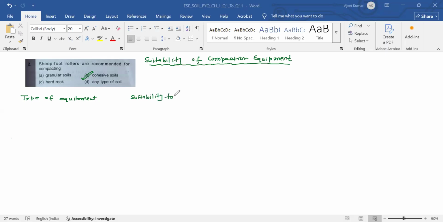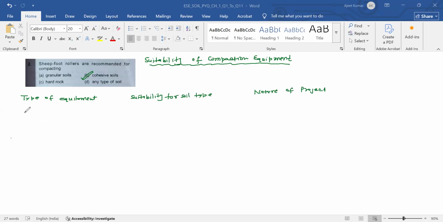And the third column is about nature of project.